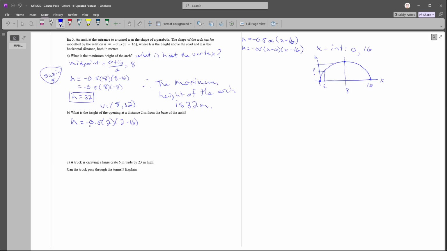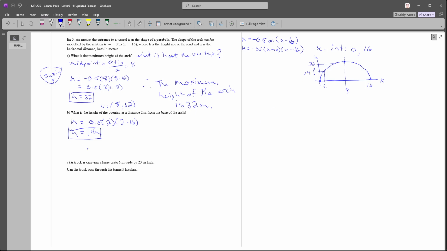And let's calculate. So 2 minus 16, that's going to give us negative 14. Times 2, that's negative 28. Times negative 0.5. So negative 28 times negative 0.5 is going to give us exactly 14 meters. So we know that that's 14. We know that that's 32.